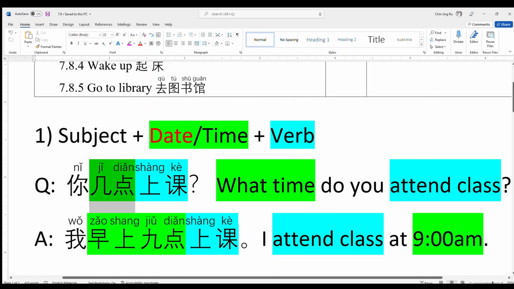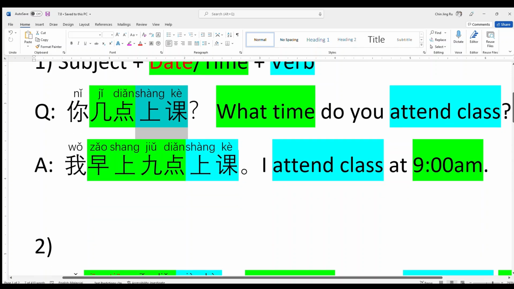In this case, it is what time lah ya. It's related to time as well. Then only I end the question with the verb, the action, go to class, attend class, 上课, right? So you see, 你几点上课? Repeat after me, 你几点上课?